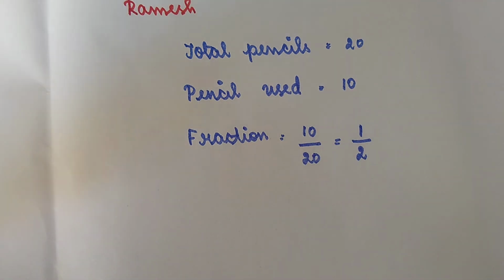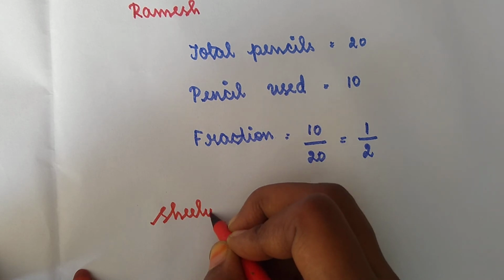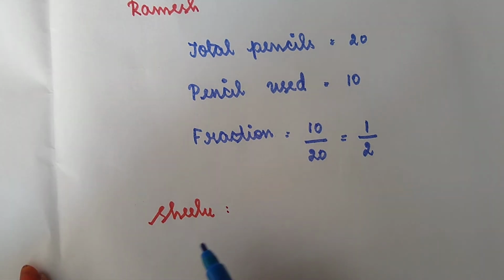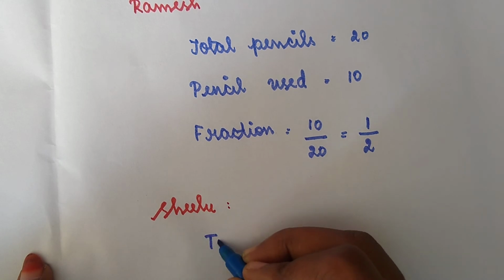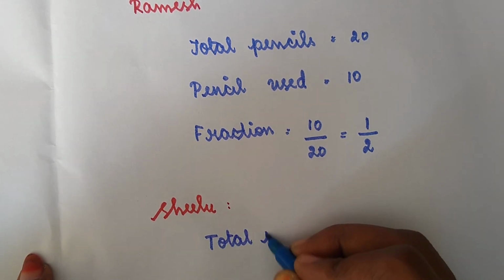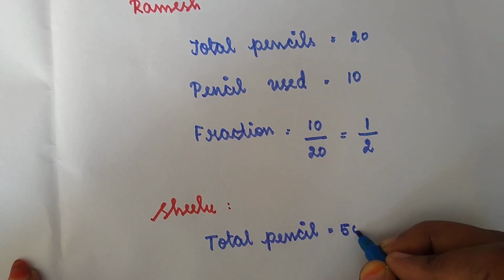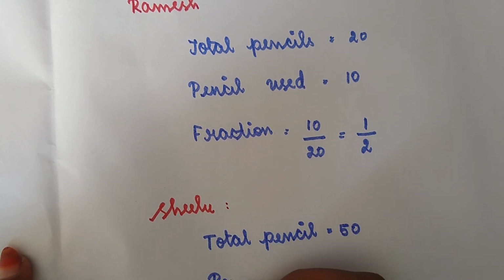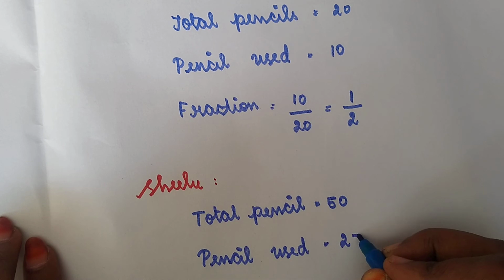Next we move to the character Sheelu. How many pencils did Sheelu have? The total number of pencils is 50. How many pencils did she use? She used 25 pencils.